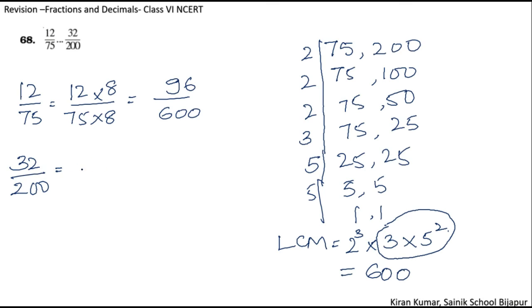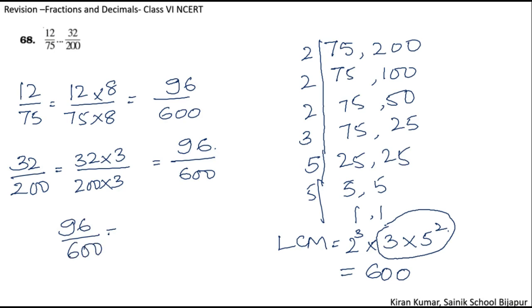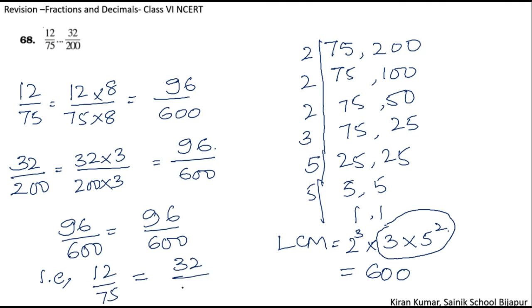When 200 is there, I need to multiply 3 to that. So 200 3 times is 600. 32 3 times is 96. When I compare both these numbers, 96 by 600 is equal to 96 by 600. That is, 12 by 75 is the same as 32 by 200. So the symbol which must be used is equal to.